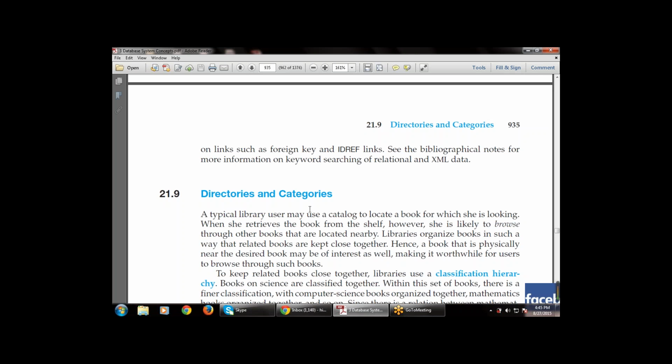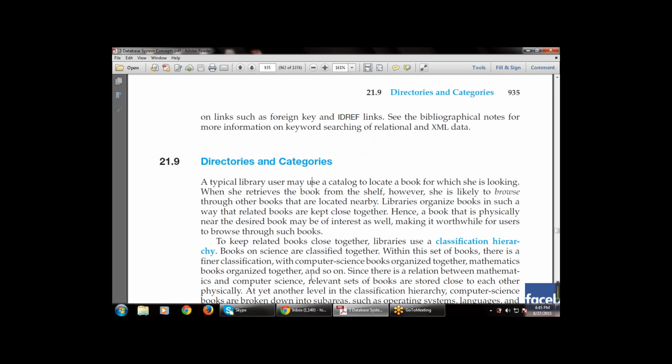Each topic has books, for example each module, such as C++ or database, and related ones will be combined and located on a shelf close to each other.